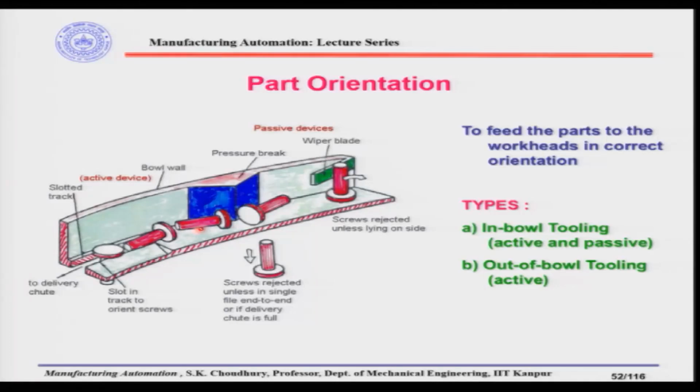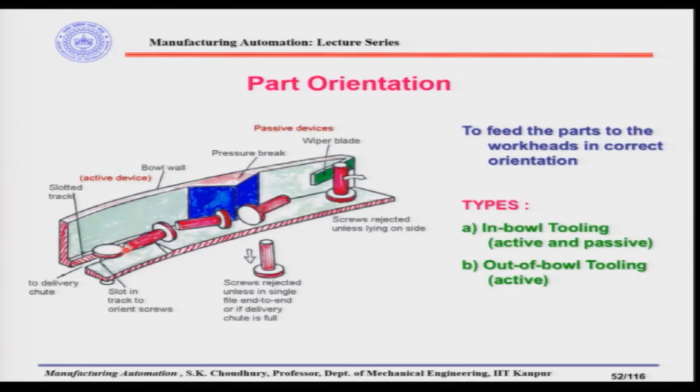Now, we have seen that the orienting device shape and type should be according to the parts. For example, we have discussed parts like here, as you can see, the headed parts. It is better when the headed parts can be fed hanging on the head, if that orientation is the desired orientation.